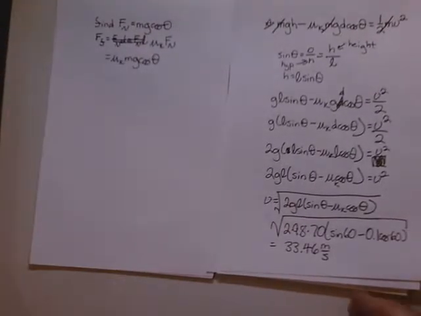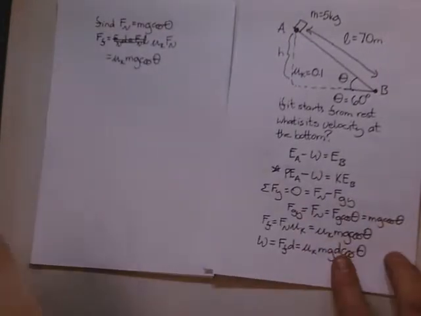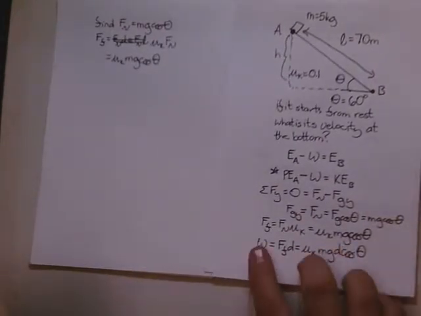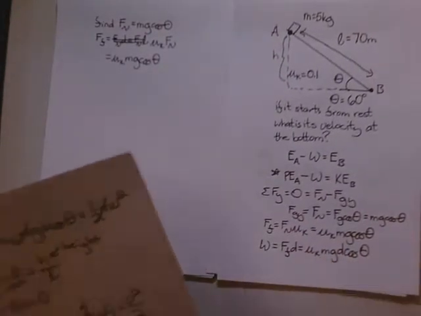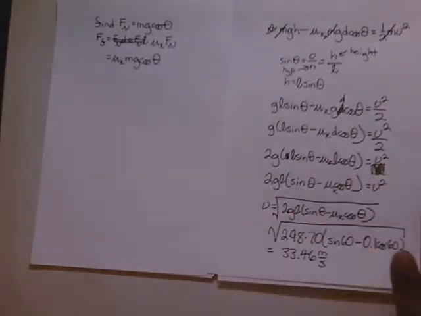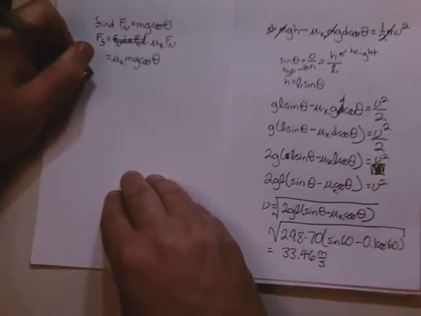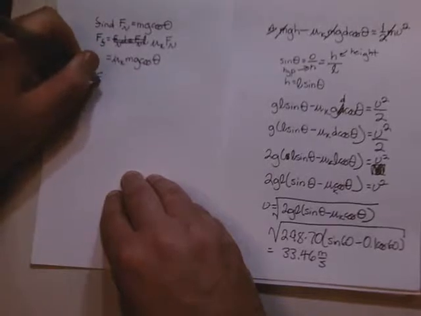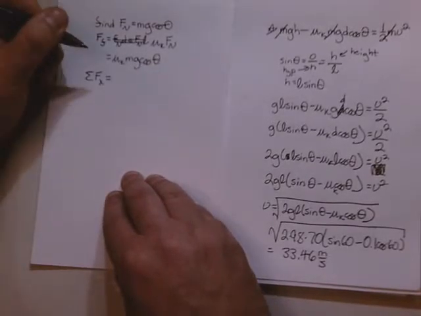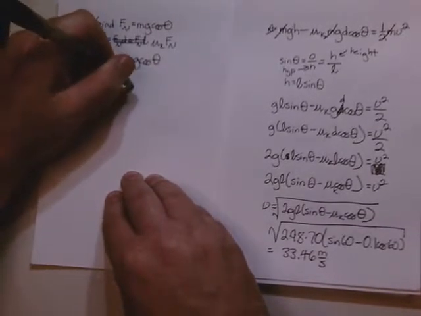So the friction force is that. We did it 2 pages ago, but we're not going to work with work. We're going to work with a different equation. We're going to work with the sum of the forces in X is equal to m a sub x.